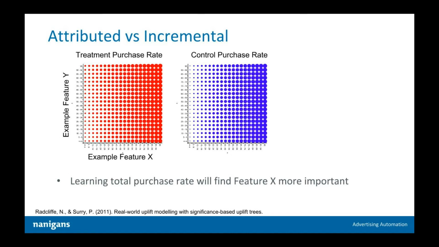Feature X is the primary identifier of whether or not a user would purchase, and feature Y is not that important. Same thing in the holdout. So any model trying to learn that would focus on feature X. Any decision tree would split on that. Any feature selection algorithm would go for feature X.